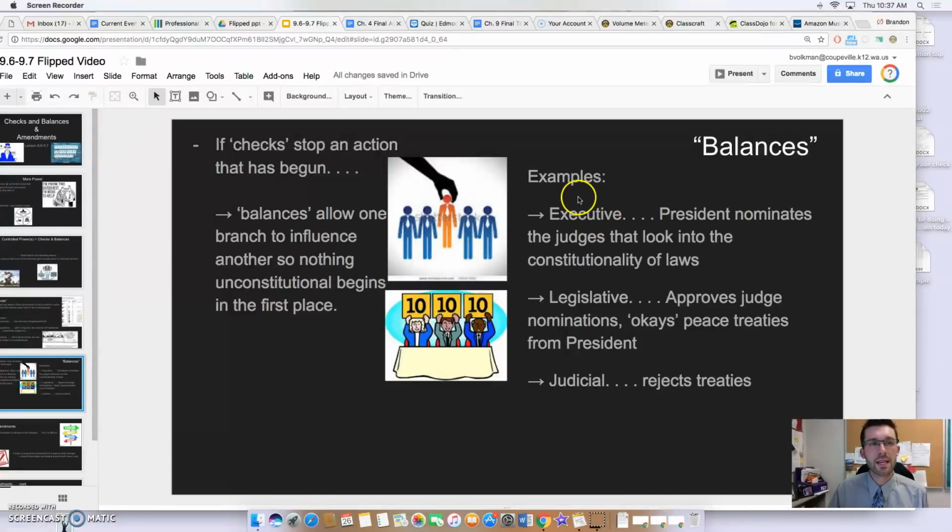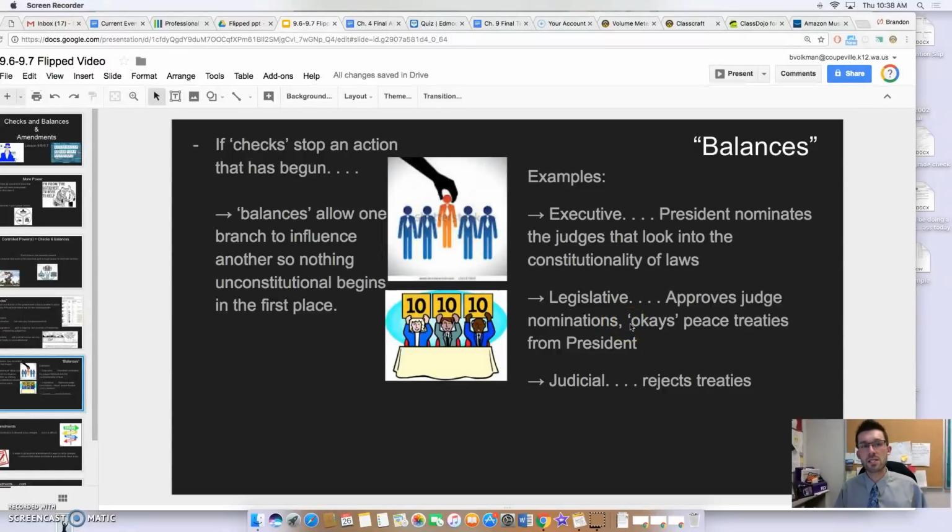For example, the executive branch nominates judges that look into whether or not laws are constitutional. So right there, there's the balance between the executive and the judicial. The legislative approves judge nominations from the president, and they're the ones that also okay peace treaties from the president.